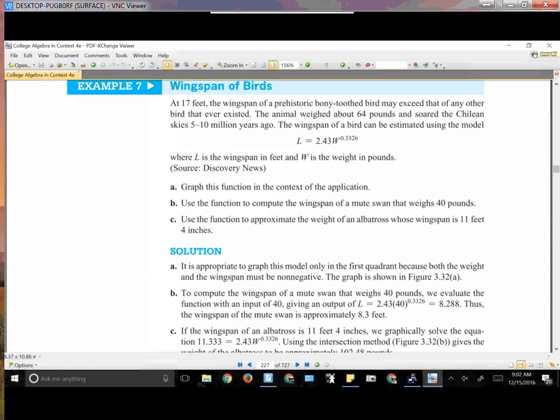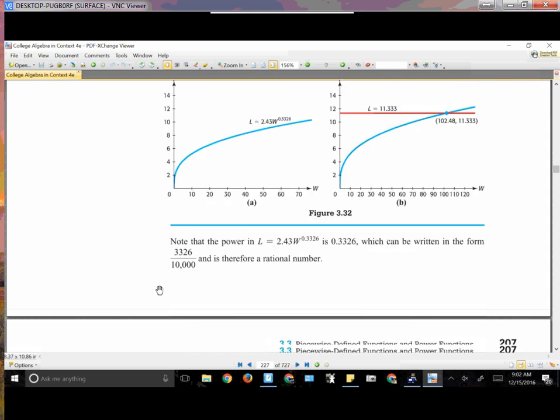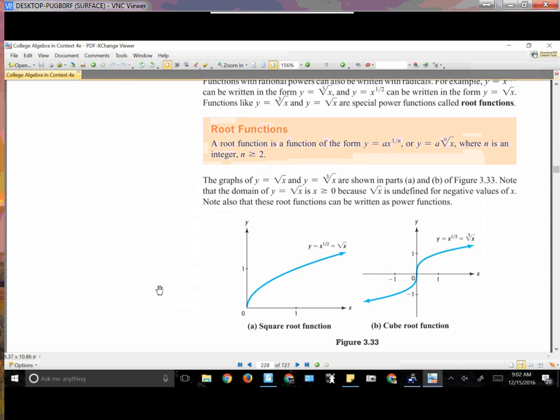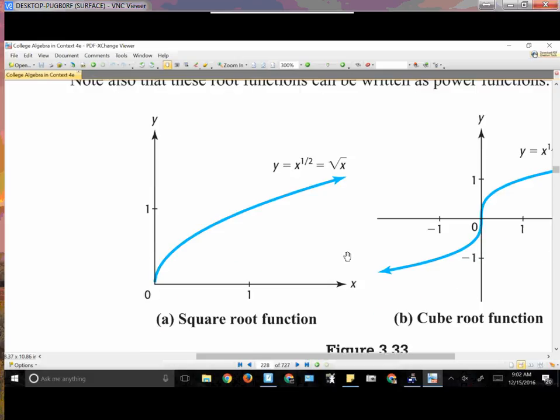So, root functions. The type of function that we have got to deal with. Now, notice that this one kind of looked like that other one that we had there. Remember, when we're dealing with something that is fractional or a decimal value, that is going to represent a root.